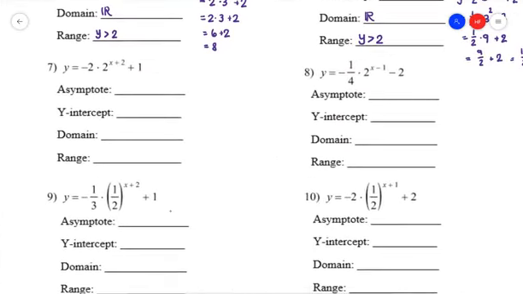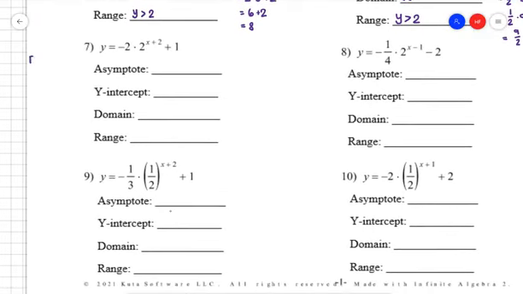Number 7, parent function, y equals 2 to the x. So 2 to the x would be a growth, but my function is reflected. So my function will look like that. And we've moved the asymptote up 1.